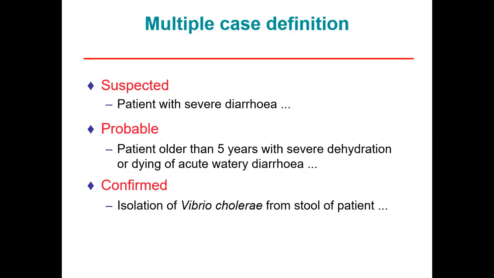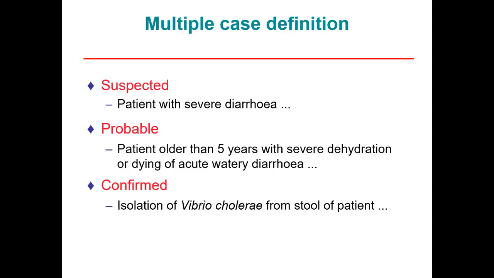A suspected case is a case that meets the definition of clinical signs, symptoms, and oftentimes an epidemiological link. So signs, symptoms, and an epidemiological link. Of course, we know what signs and symptoms are. What is an epidemiological link? History of contact with a suspected or confirmed case.